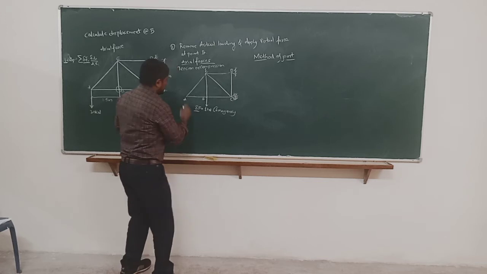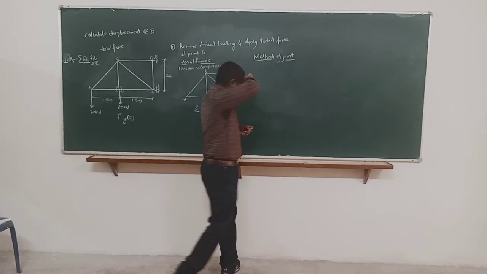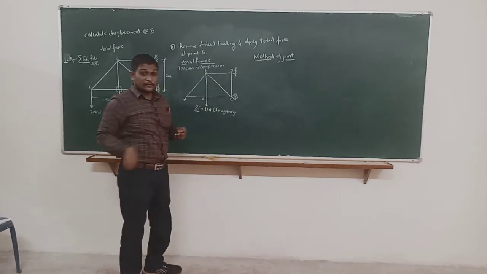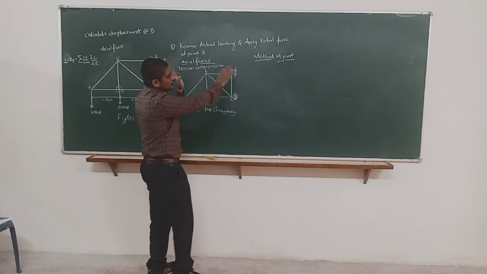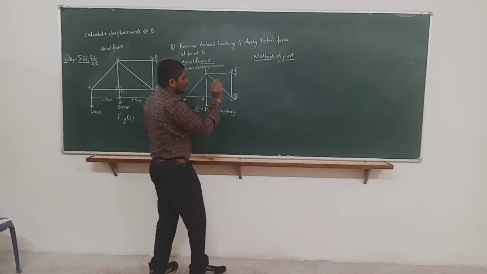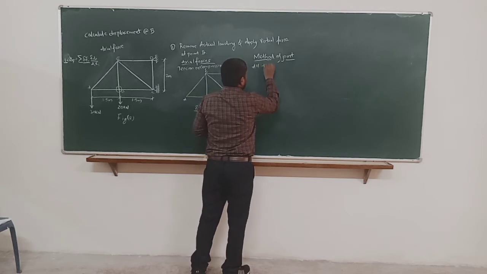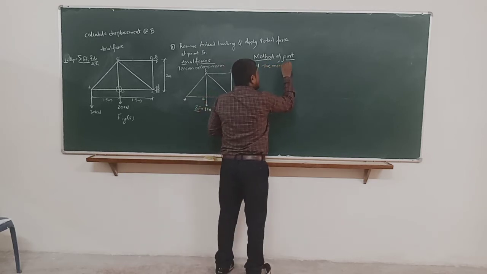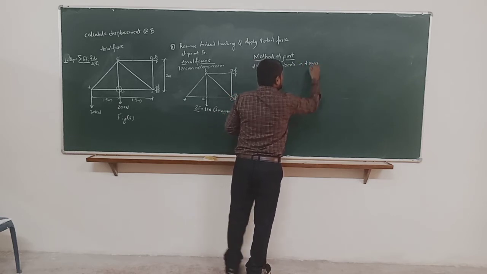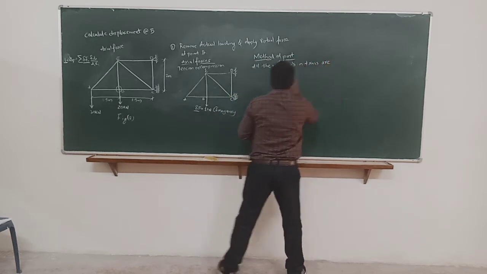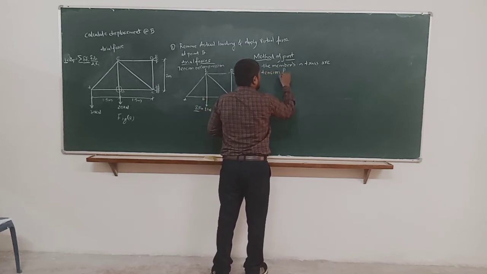Now, the method of joints: for the diploma students, as they requested in the meeting, they have not studied this in diploma. So in this problem itself I am going to explain how the method of joints takes place. The first step is that we consider all the members in the truss to be in tension.